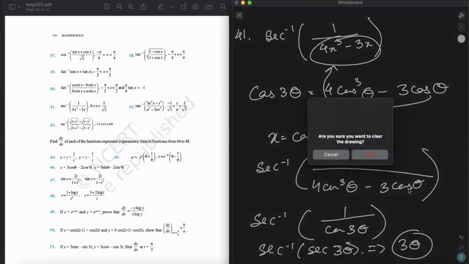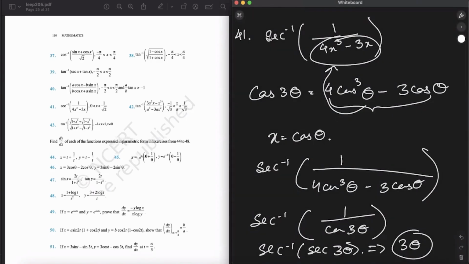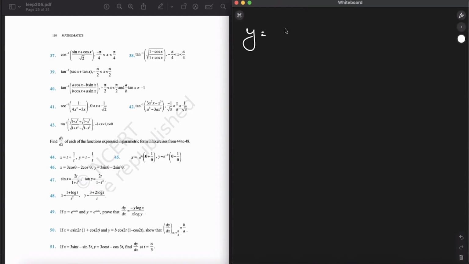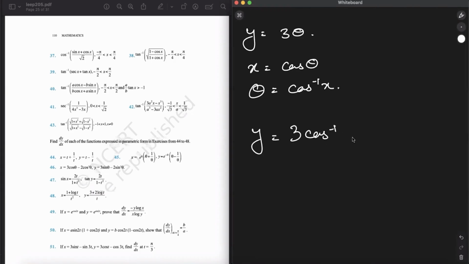Now my y is 3 theta. My x was equal to cos theta, so theta will be equal to cos inverse x. So y will be equal to 3 times cos inverse x.